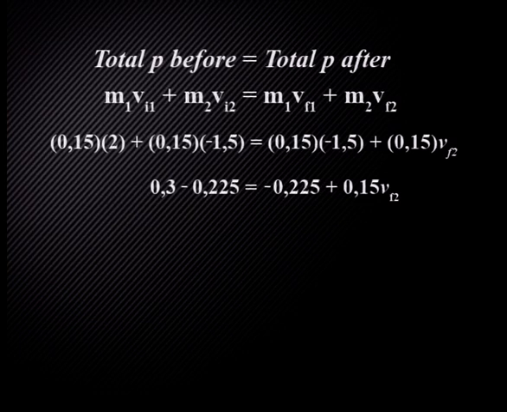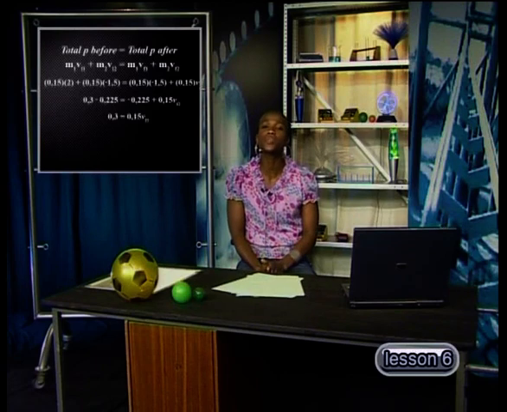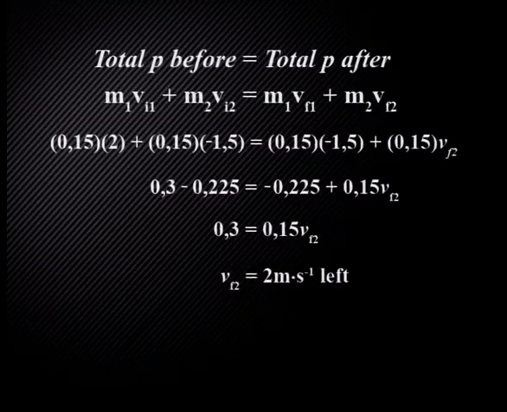Or, when adding 0.225 to both sides, we can say that 0.3 equals 0.15 times ball 2's final velocity. After solving for ball 2's final velocity, we find that it is equal to 2 meters per second to the left. The answer is positive, so the ball is traveling to the left.